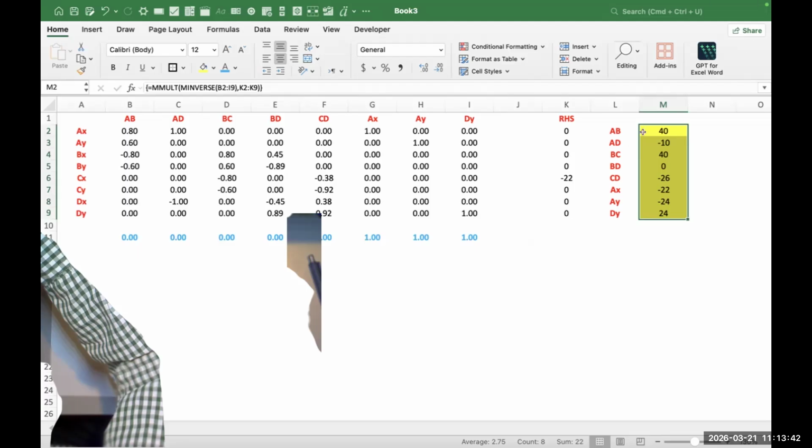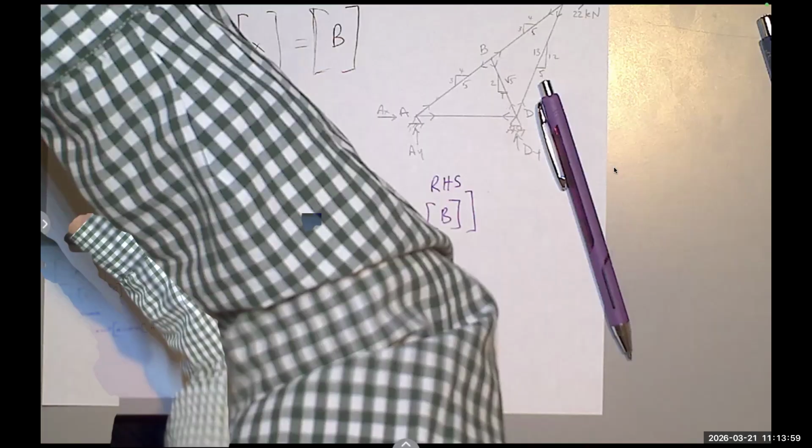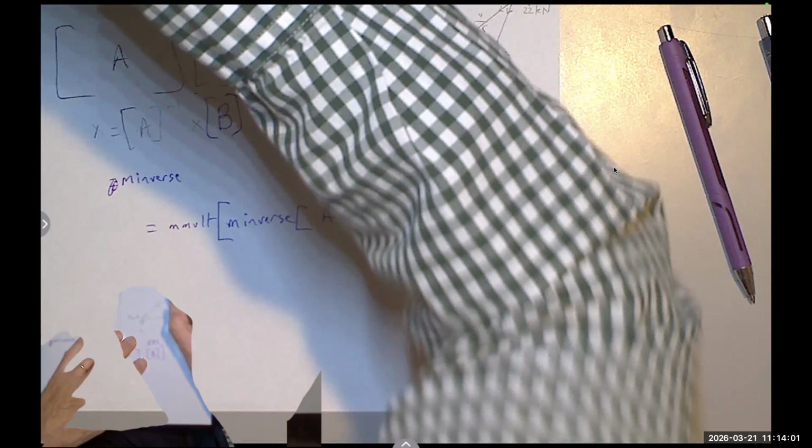So AB is 40 kilonewton tension, AD is 10 kilonewton compression, BC is 40 tension, BD is a zero member. You should have seen that. You can see that at joint D, these two members are collinear, so the third is zero.